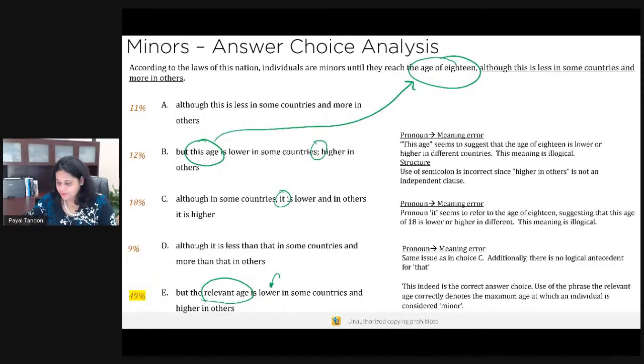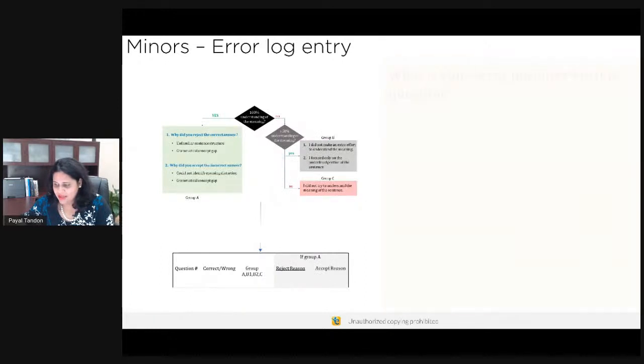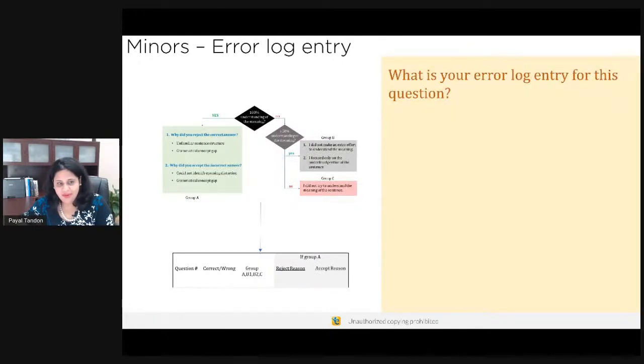Now, did any of you feel that "relevant age" choice could not be correct because it adds a new word over there? Did any one of you feel that way? That kind of analysis you need to do when you're making an error log entry. If you did everything right, but you still ended up selecting the wrong answer, that's where it's important to ask, why did you reject the correct answer?